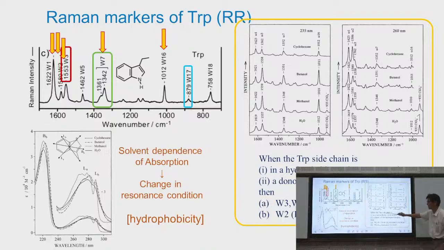Okay, there are many conditions, but if the side chain satisfies these conditions, then we can interpret Raman intensity by considering hydrophobicity change. But this is one method to utilize Raman spectroscopy in the protein structure analysis or protein environment analysis.